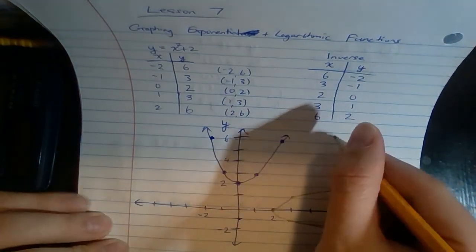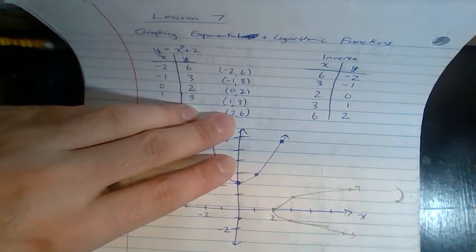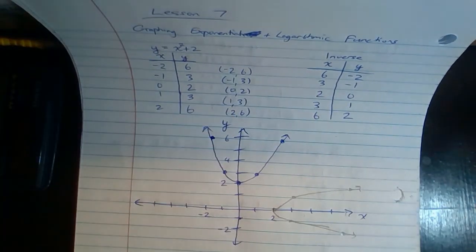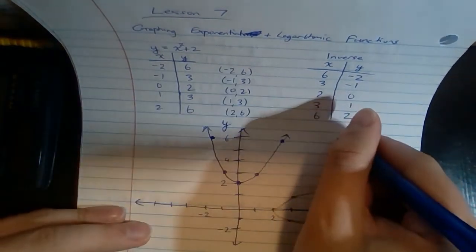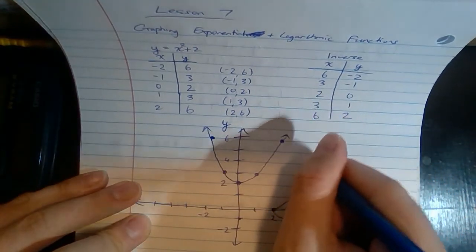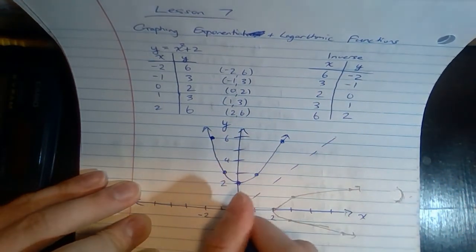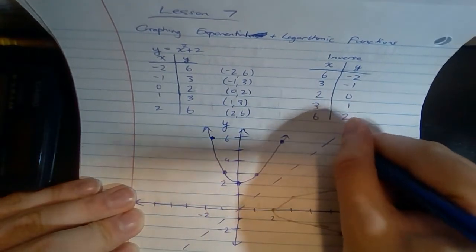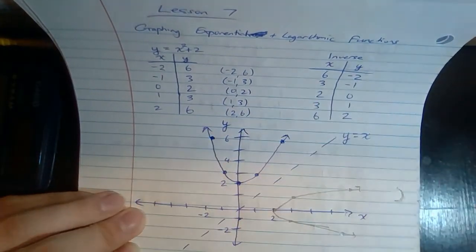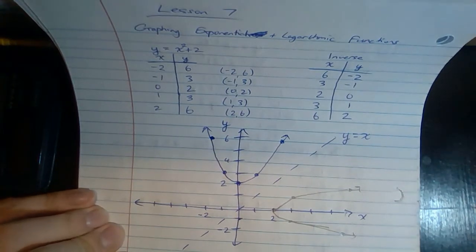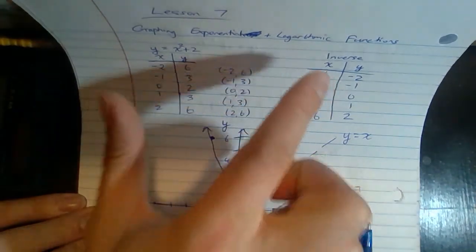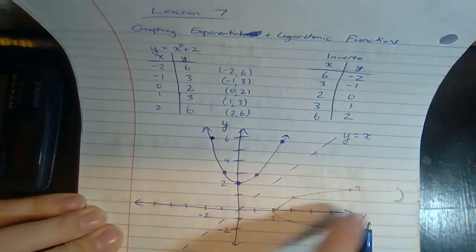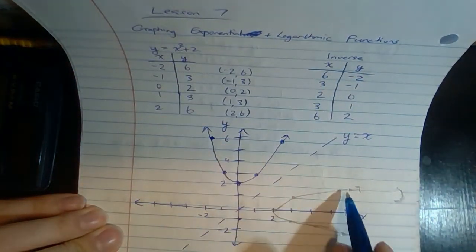And if you remember from last year, you would have talked about, let's switch back to the pen, that an inverse function is really like we're reflecting across the line y equals x. So this function gets flipped across this line, and we get an inverse.